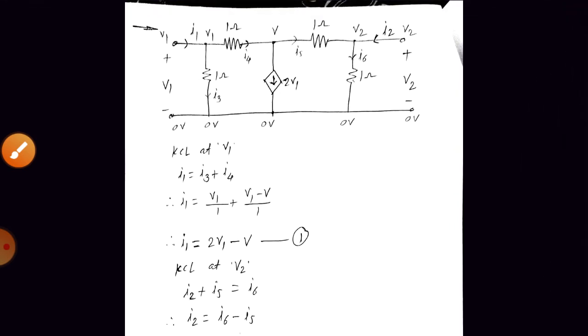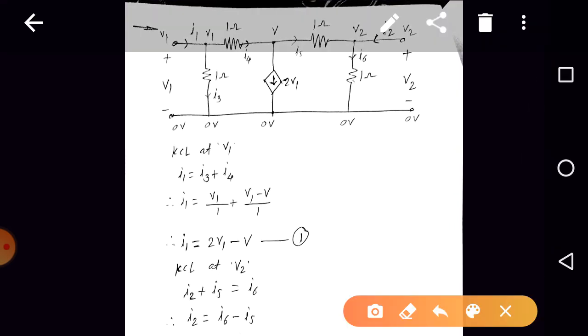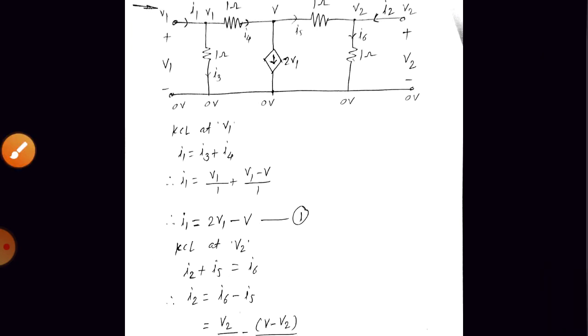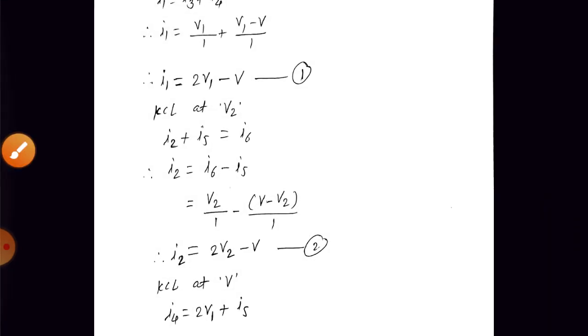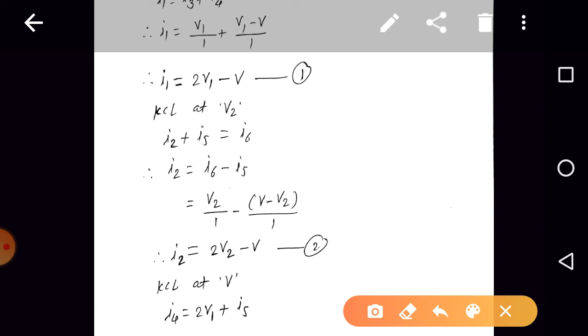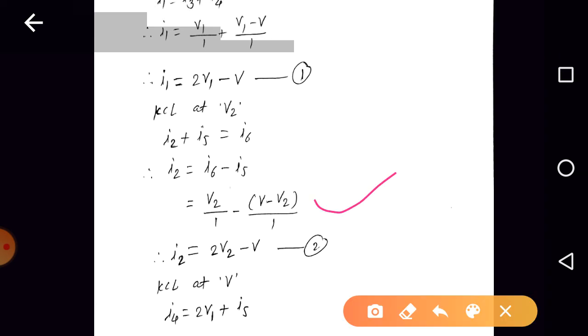I6 is V2 minus 0 by 1, so it is V2 by 1, and I5 is V minus V2 by 1. From this, I2 is 2V2 minus V. Consider it as equation 2.